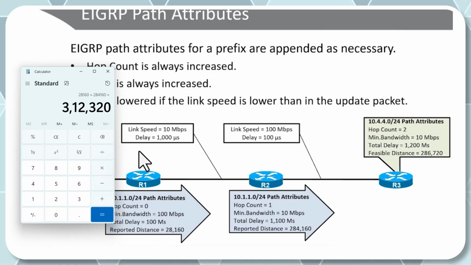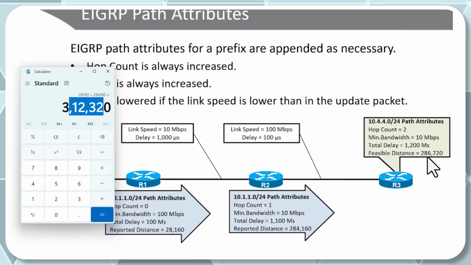So we have added two values, 28160 and another value, 284,160. The feasible distance should be this, but you will say okay, here the feasible distance is different. So this is not done by addition. Let me tell you, you can't add this and this.